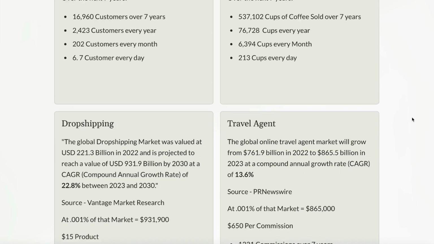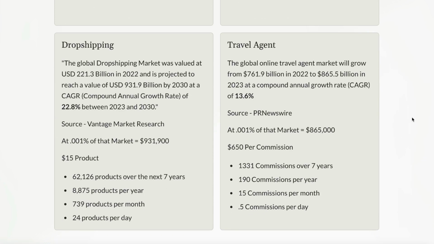For drop shipping, the global drop shipping market was valued at $221.3 billion in 2022 and is projected to reach $931.9 billion at 2030. So we can take those calculations at 0.001% of that market, and that's 931,900.